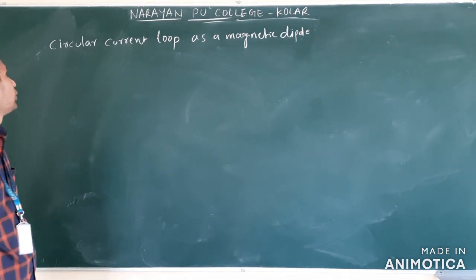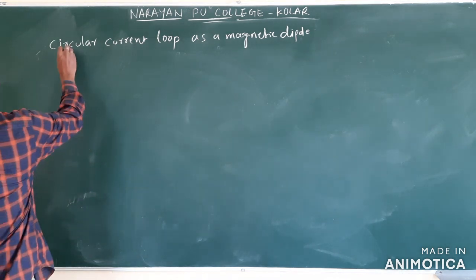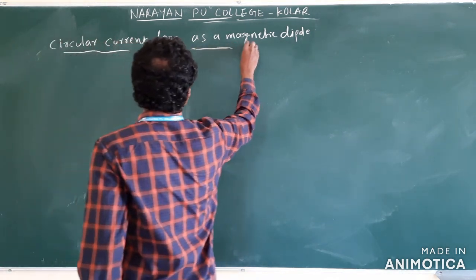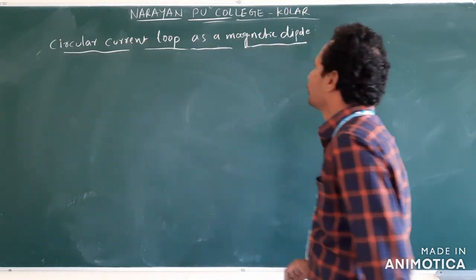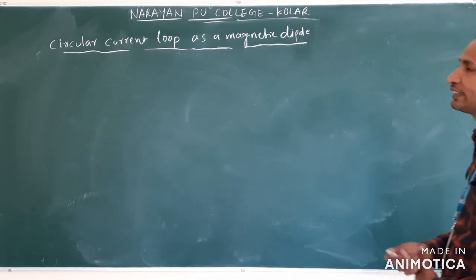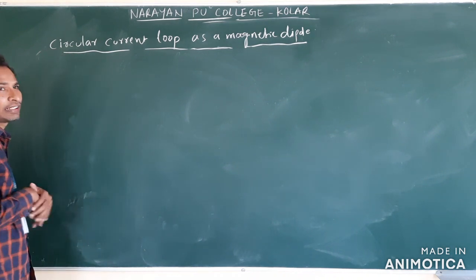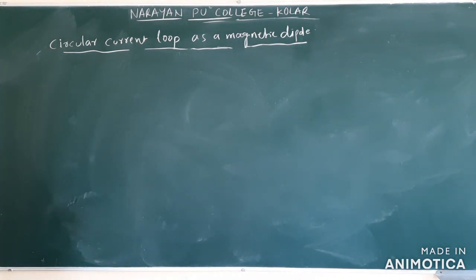Okay, now circular current loop as a magnetic dipole. It's the next concept. What is a magnetic dipole? We will see now. Circular current loop as a magnetic dipole, how that works we will see. Already we have seen the magnetic field on the axis of the current loop.